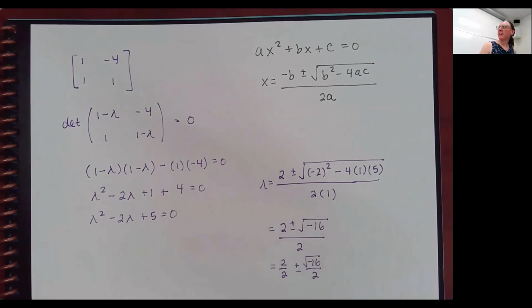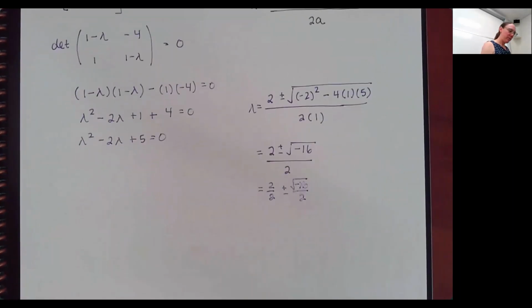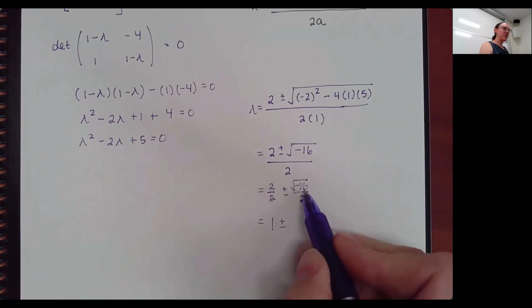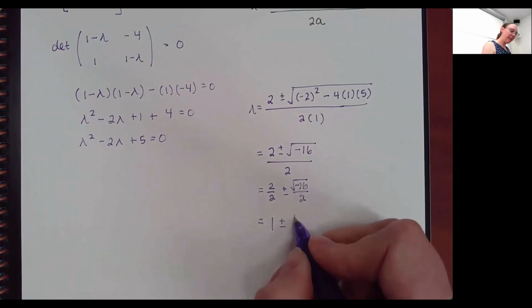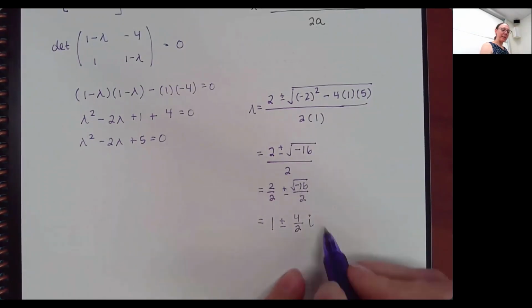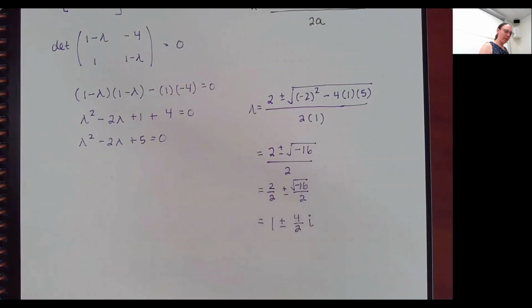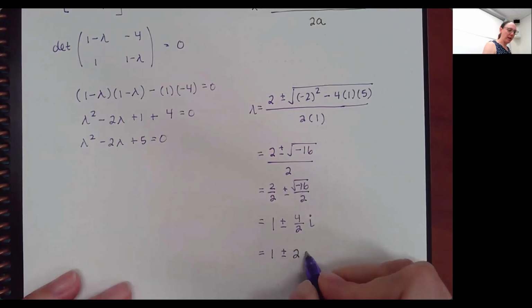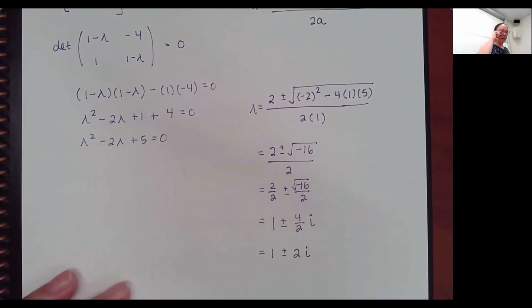The way we handle that square root of a negative: the square root of 16 is just 4, and I handle the negative inside by putting an i there. That i is my placeholder for the square root of -1. So 1 plus or minus 2i would be my eigenvalues.